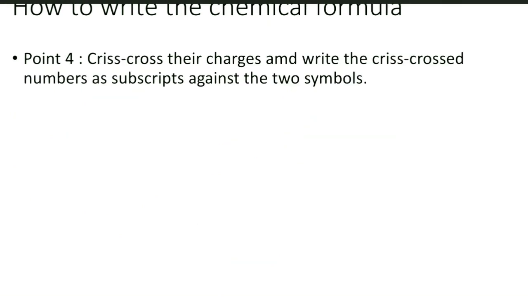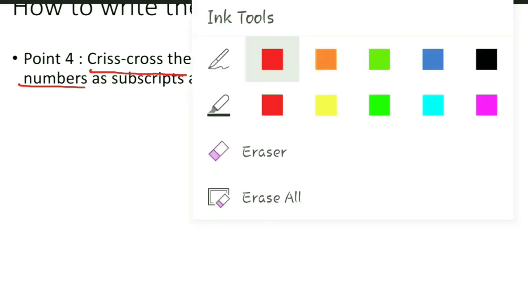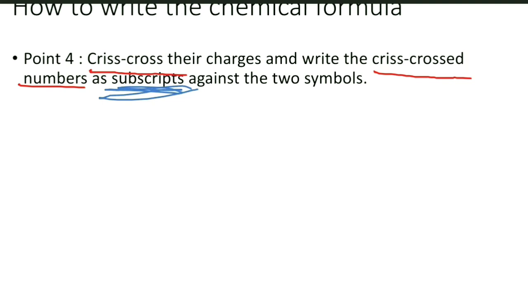So students, point number 4: crisscross their charges and write the crisscrossed numbers as subscripts against the two symbols. Here, what is a subscript? A subscript is the number which is written on the lower right hand side of the chemical symbols or ions.